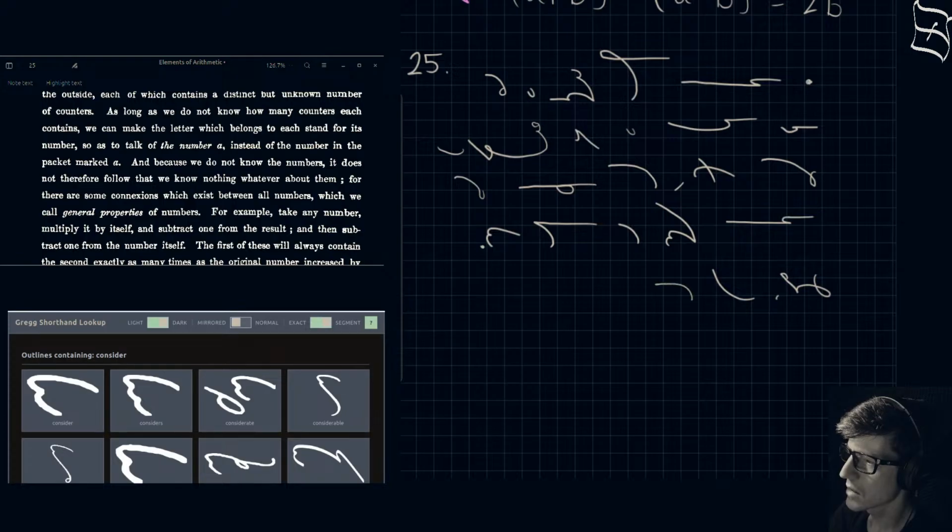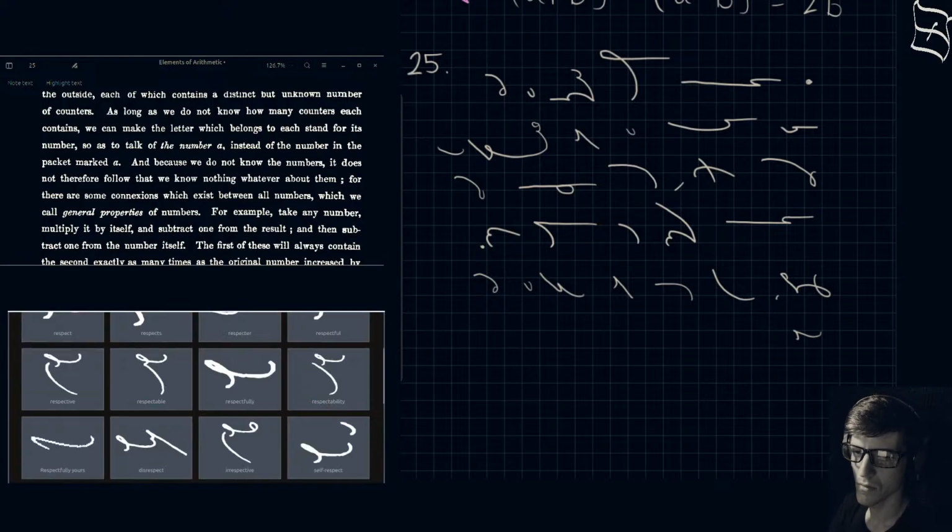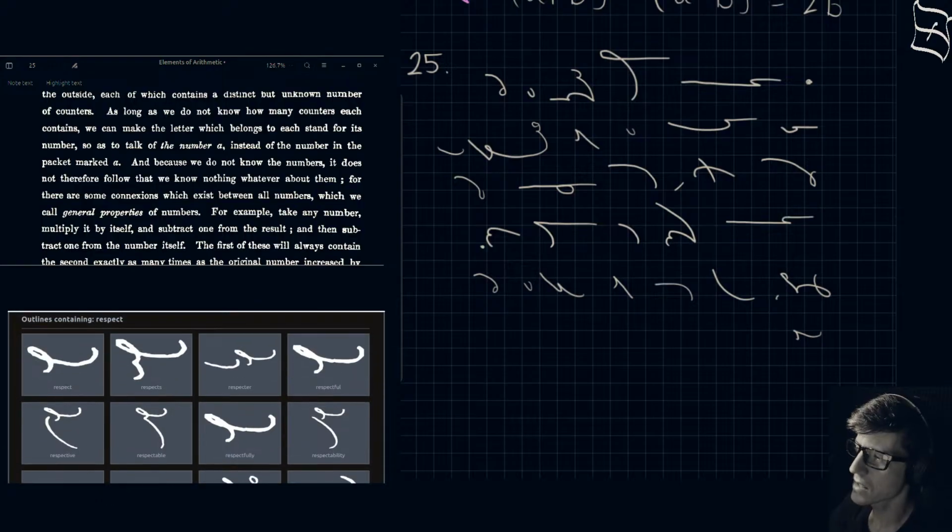And then it is investigated, or we could use considered again, or thought of would work as well. Thought of with respect, is that just RES? Let's see what respect is. RES, that's right.